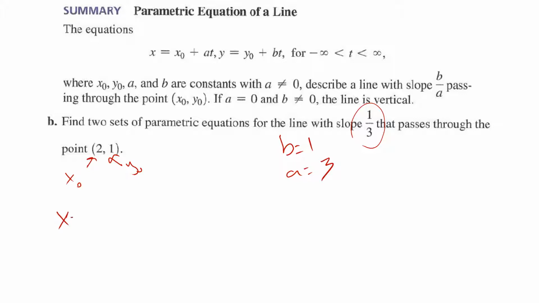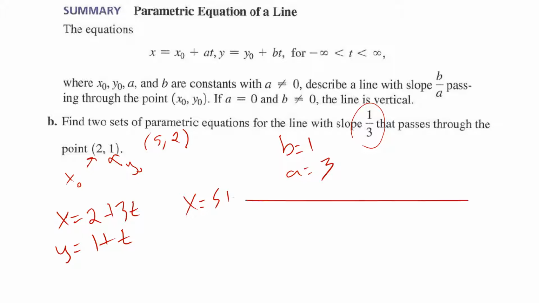So we're going to have x equals 2 plus 3t, y equals 1 plus 1t. That's one way. We could find another point if we go up 1 to get to 2 over 3. We could also have the point 5 comma 2. We could plug that in. X equals 5 plus 3t. Y equals 2 plus t.